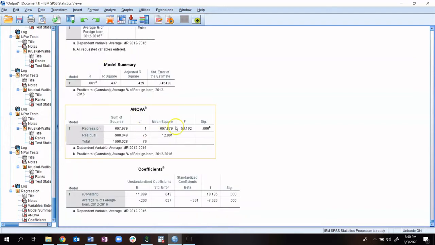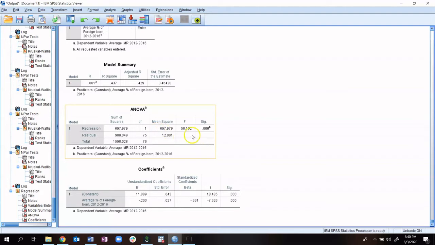Then I get this Anova table, and the Anova table is simply telling us whether or not this model is statistically significant. Does this model do a better job predicting infant mortality rates for community areas than a model with no predictors?